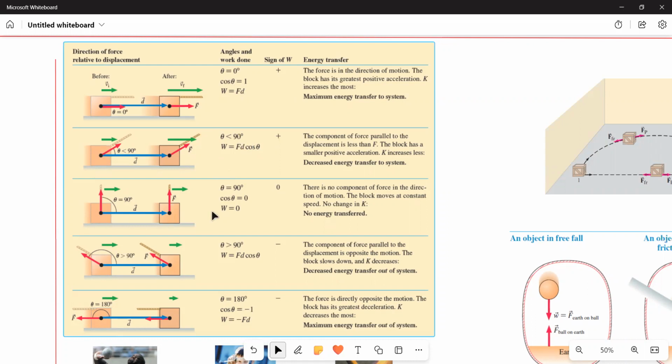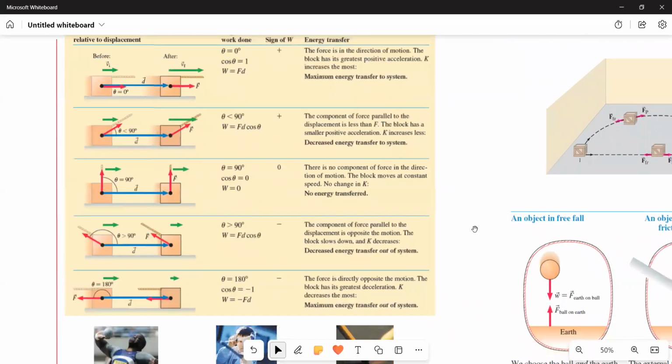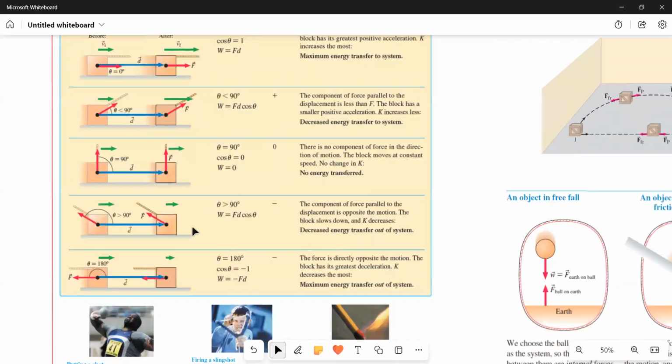That indicates that there is no transfer of energy. Okay. And then the next one, the angle between the force and the displacement is greater than 90, or in the last case, it is 180 degrees.